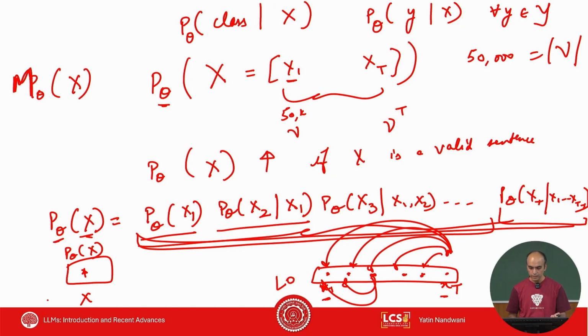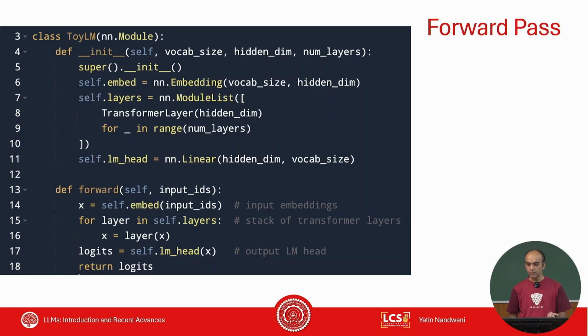So now let us look at how a forward pass looks in a toy language model. We have the embedding layer initially, then transformer layers. Let's say the number of layers is 32. We have 32 transformer layers, and in the end we have an LM head which will map the token embedding to a probability distribution over V, the vocabulary size.